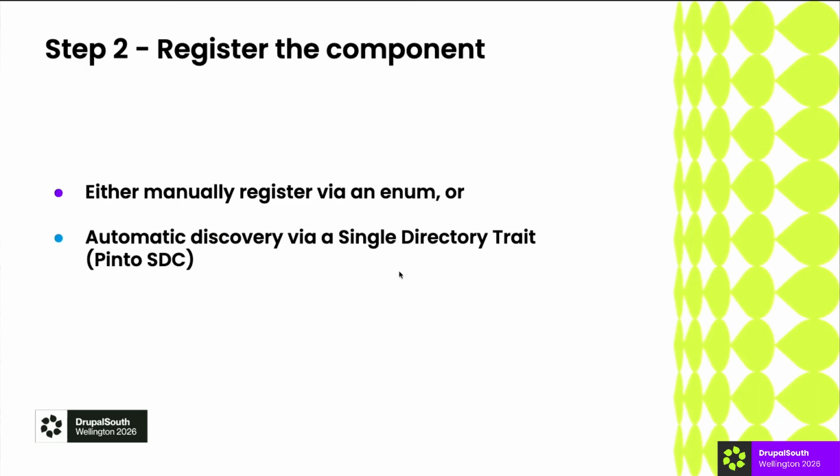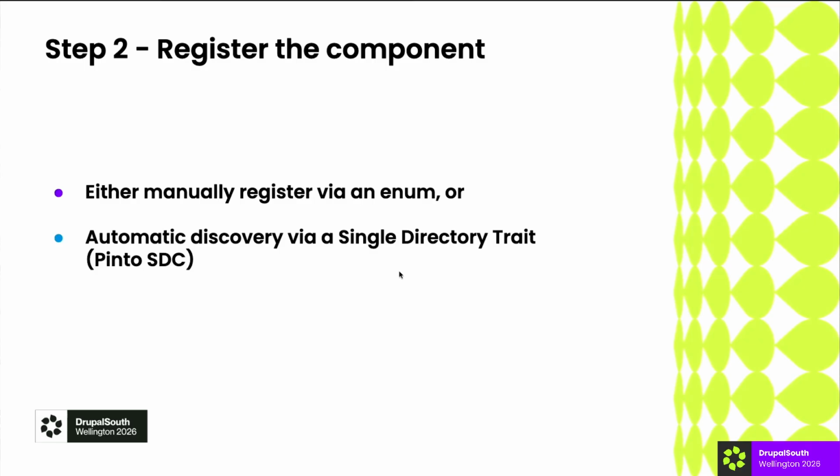By default, Pinto looks for enums in the Pinto namespace, so you can have a module. You can break up your components per module if you want. You can have a design system module. It's really up to you. It's very flexible in how things are structured and how you want to set it up. There's also a trait that you can use that'll mimic the single directory component setup.